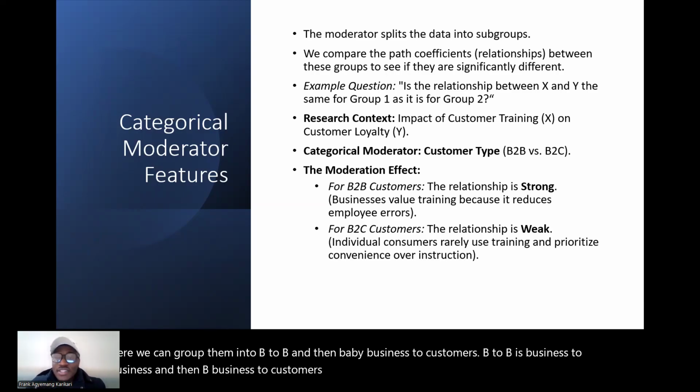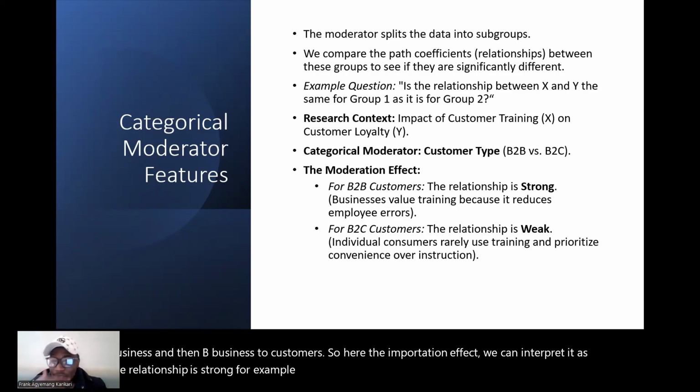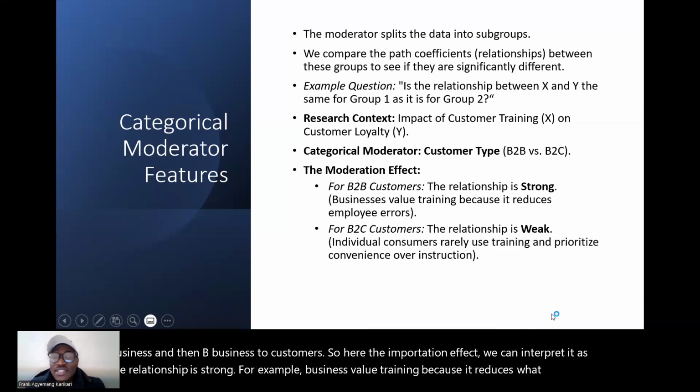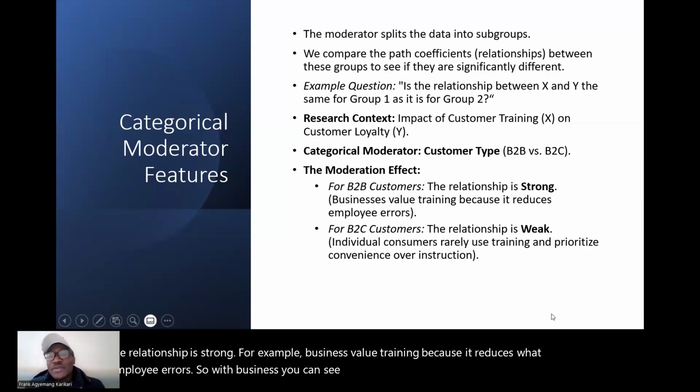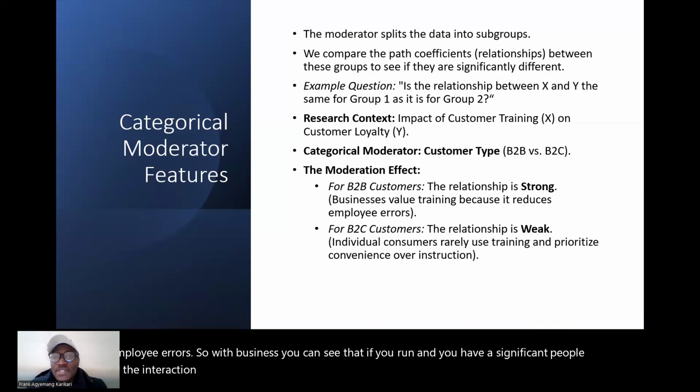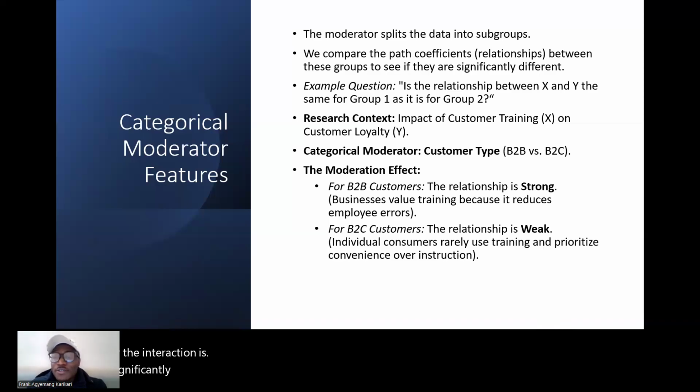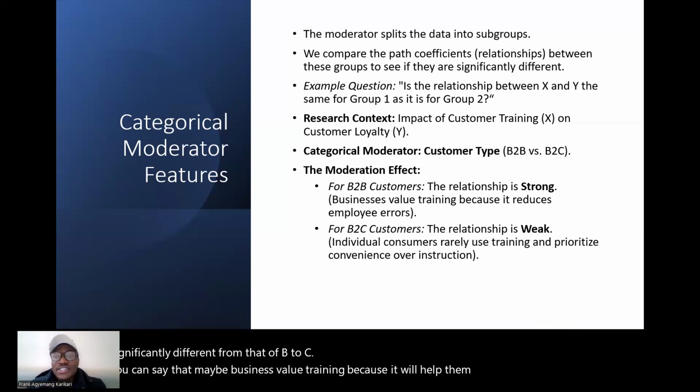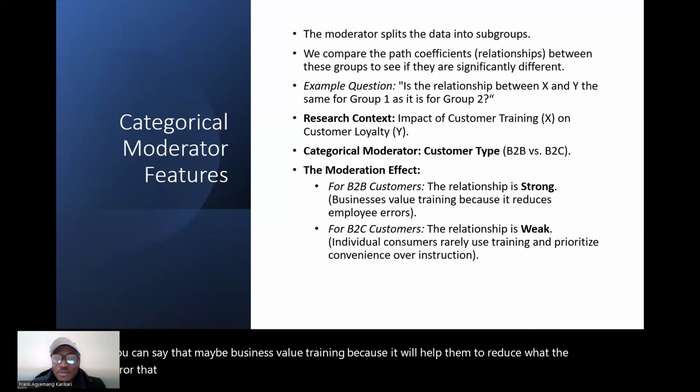So here, the moderation effect, we can interpret it as the relationship is strong for business, because training reduces employee errors. If the interaction is significantly different from that of B2C, you can say that business values training because it will help them reduce the errors made by employees.